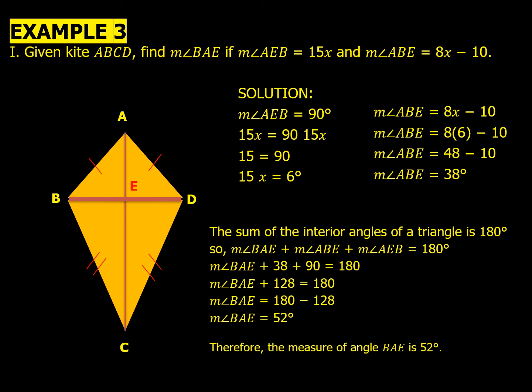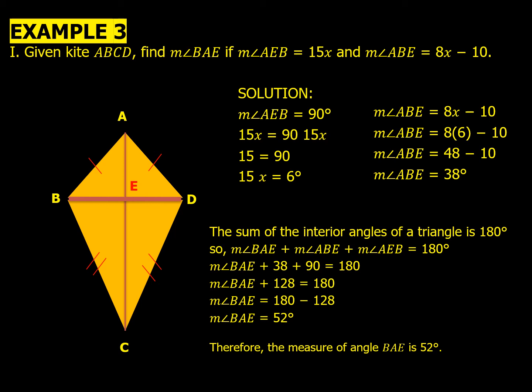We will now substitute the measure of angle ABE, which is 38 degrees, and the measure of angle AEB, which is 90 degrees. And then we let the unknown be on the left side of the equation, so we will bring 38 and 90 degrees to the right side.